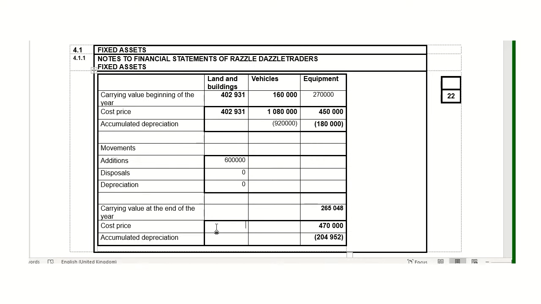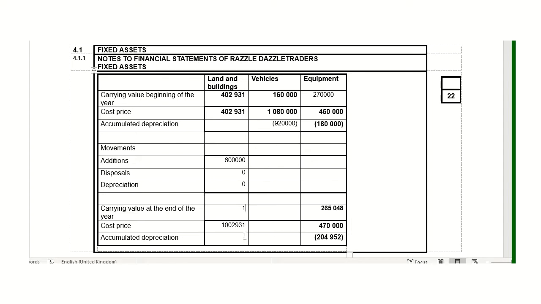So it's 402,931 plus 600,000, and that gives me 1,002,931. Put it next to the cost price.